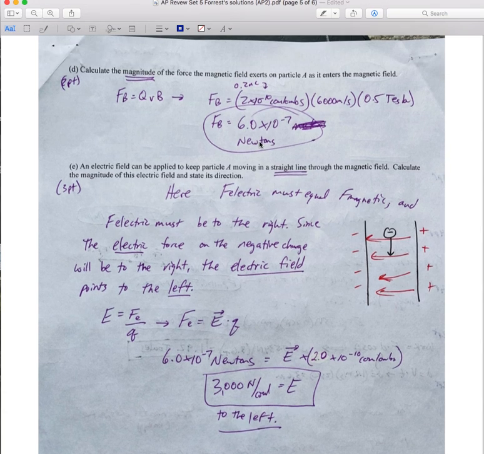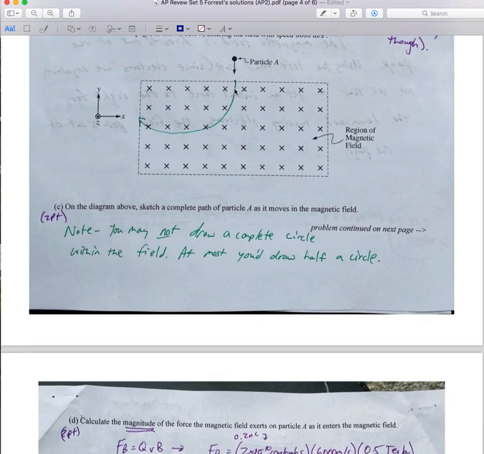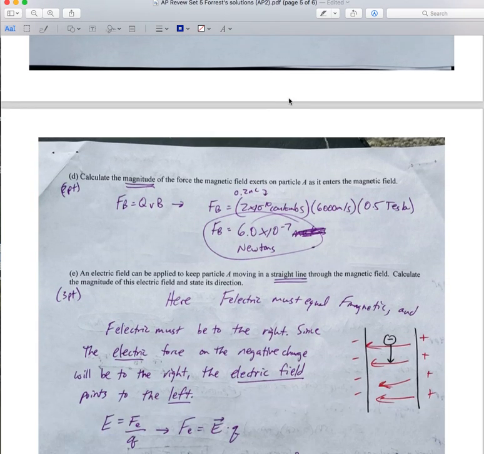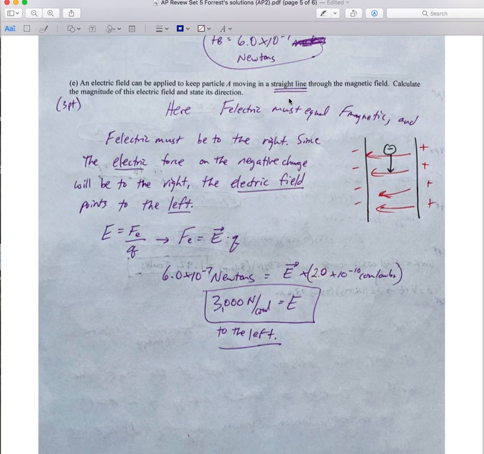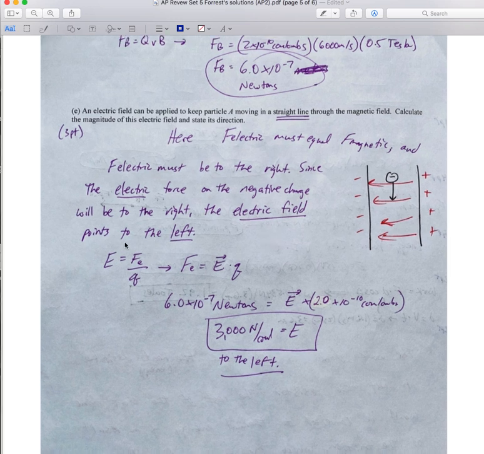So I could think of drawing a free body diagram or sketching it out. So at least initially, if the magnetic force is to the left, my electric force would have to be to the right. So those would have to be balanced. So if I figured out the magnetic force here, that means I need the same amount of electric force pointing the exact opposite direction.